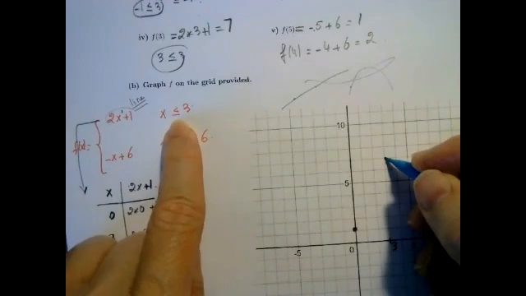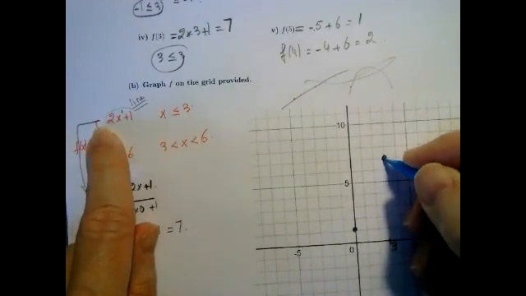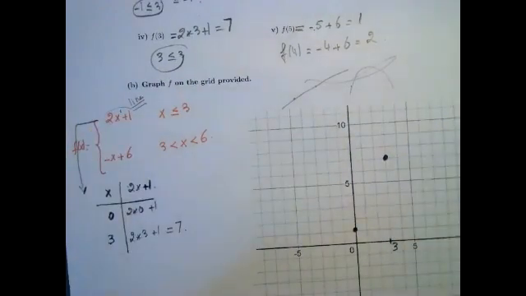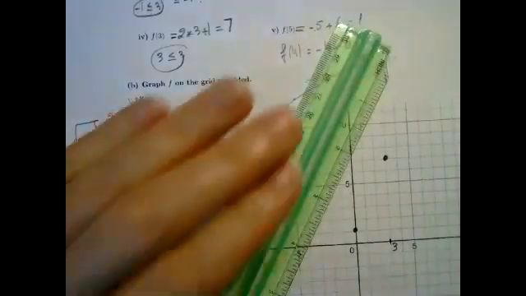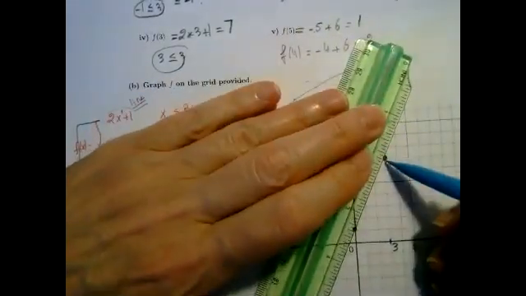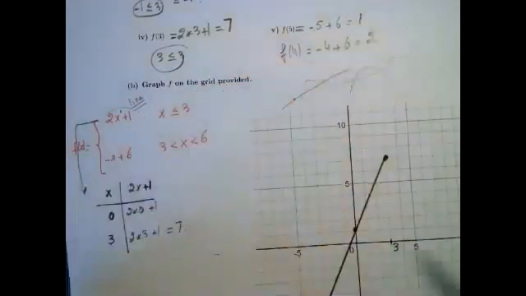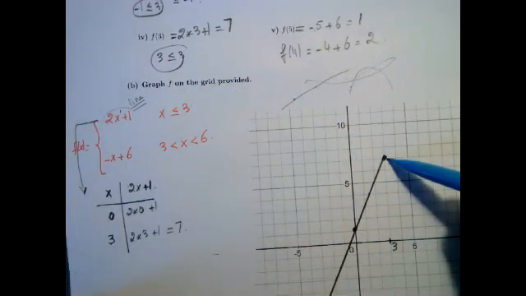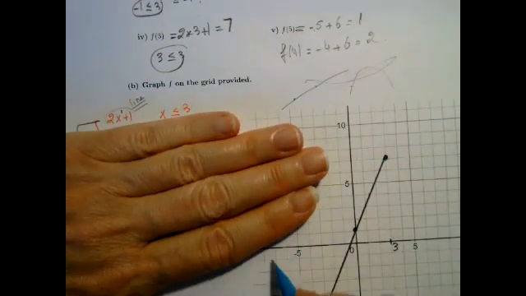And x is less than or equal to 3. It means for 3, I'm going to close it because that's the output at 3. And then after that, because I know it's a line and I have two points, I can get my ruler and sketch it. Watch what I did. I stopped at 3 because the output is 2x plus 1 for x less than or equal to 3.